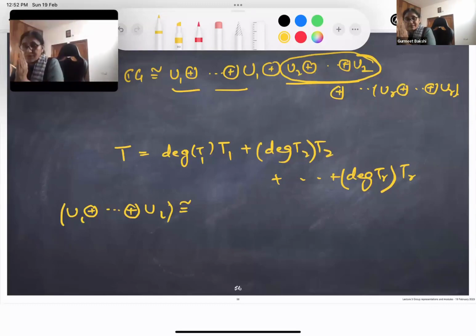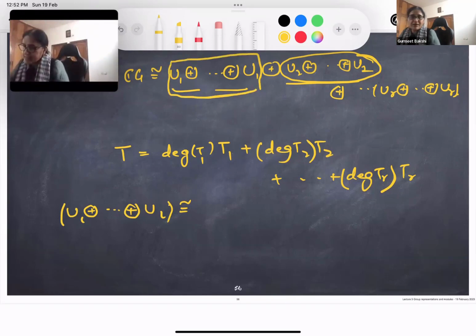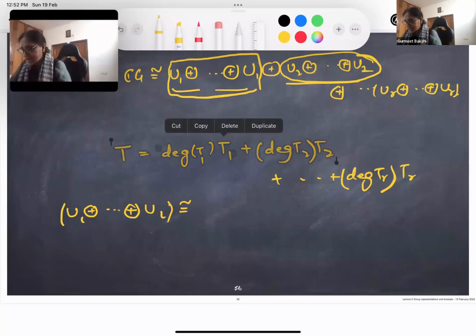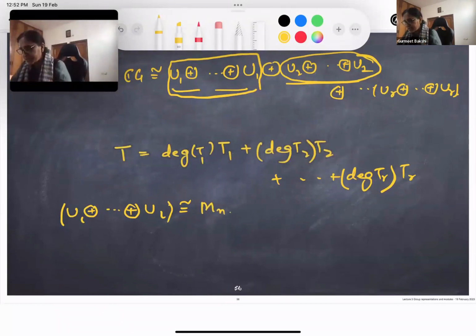If you take in the decomposition of CG those Ui's which are isomorphic, then in the beginning it's a left CG-module. I'm taking a direct sum of left CG-modules, but it's a two-sided ideal of the ring CG, and it is isomorphic to a matrix algebra over a division algebra, but because I've taken an algebraically closed field, it will become isomorphic to M_ni(C), where ni is the dimension of Ui over C.